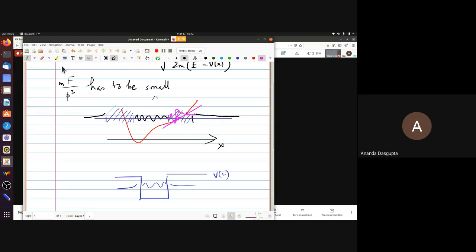Once we manage to do that, let me just get rid of the shading first. So we have a solution here, which is something we exactly know, because we know what the Airy function behaves like. And then using the fact that the Airy function will match the WKB solutions on both sides, after that I can simply forget about the Airy solution.